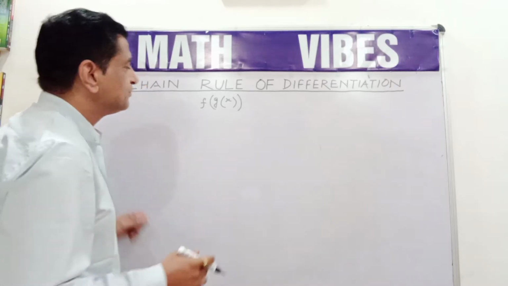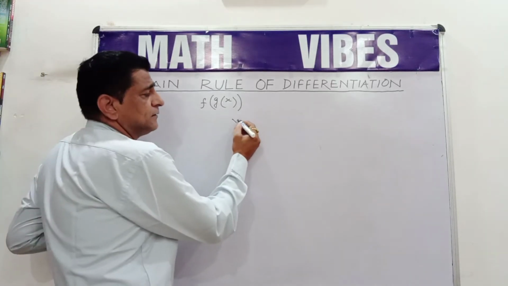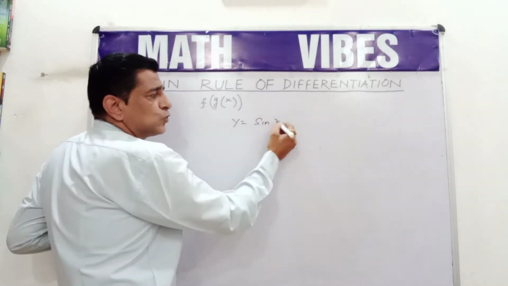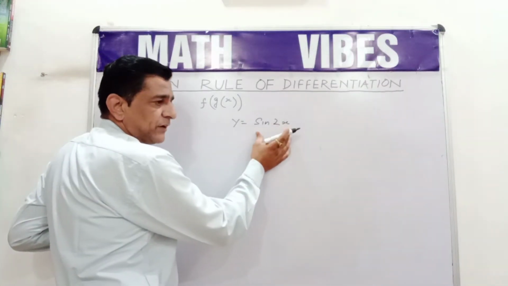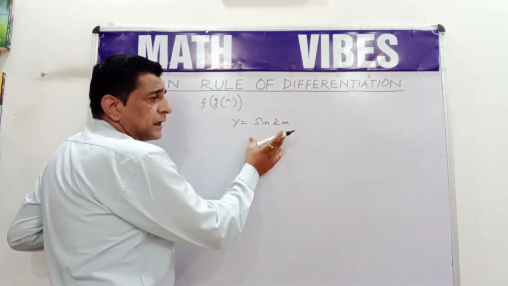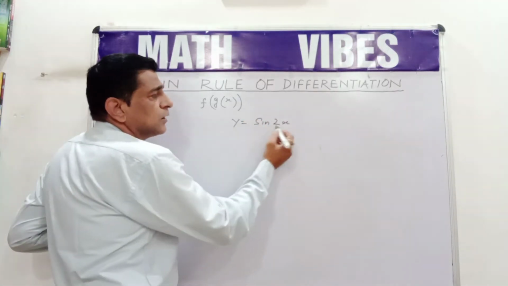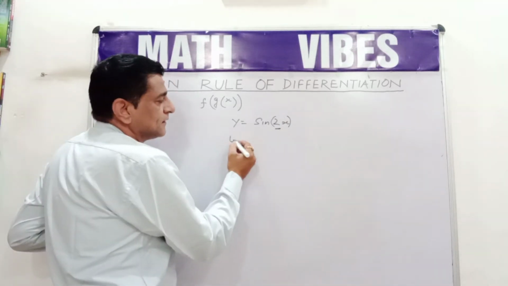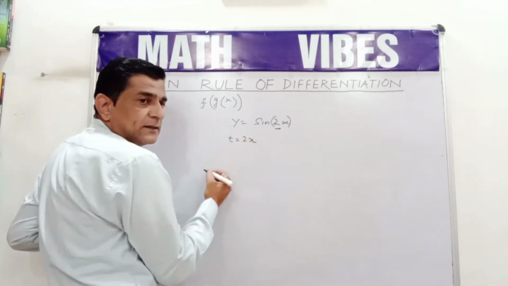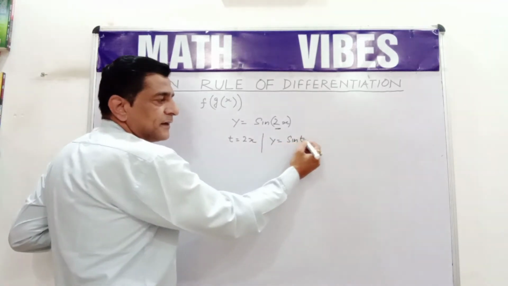For example, we have a function sin 2x. Now here, this is a composite function. To apply the chain rule, we take the angle of sine as t. Then the function y will become sin t.